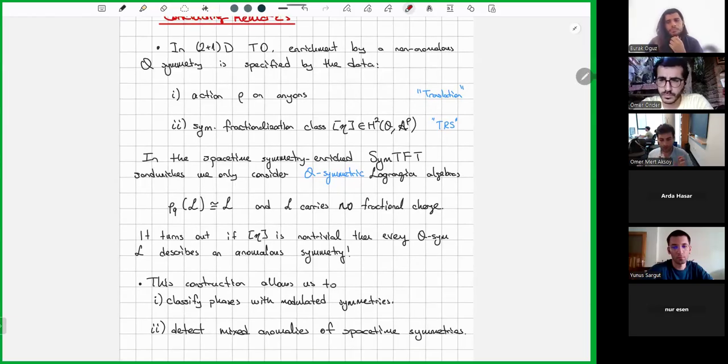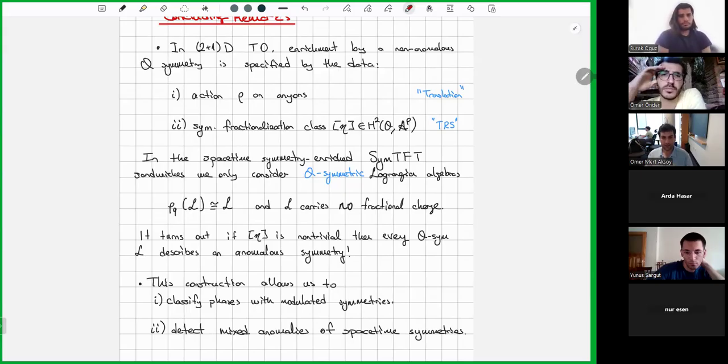Then our proposal is that you can use this construction, symmetry-enriched SymTFT, to classify gapped phases for which there's a non-trivial interplay of space-time symmetry and internal symmetry. But the rule is that you only consider sandwiches that consist of boundary conditions that are Q-symmetric.